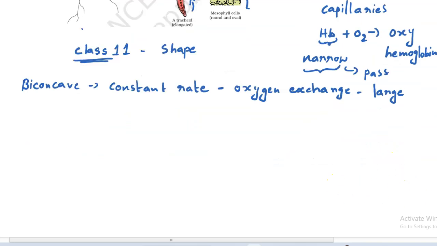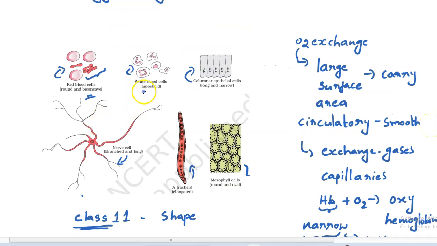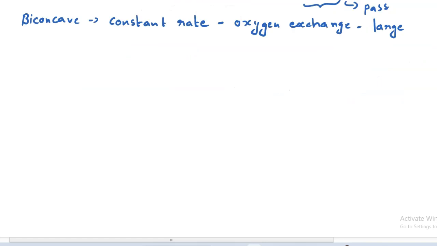Now let's consider the next example here. WBCs, white blood cells, have amoeboid shape. These are known as leukocytes. This amoeboid shape helps them to pass through the blood capillaries easily.